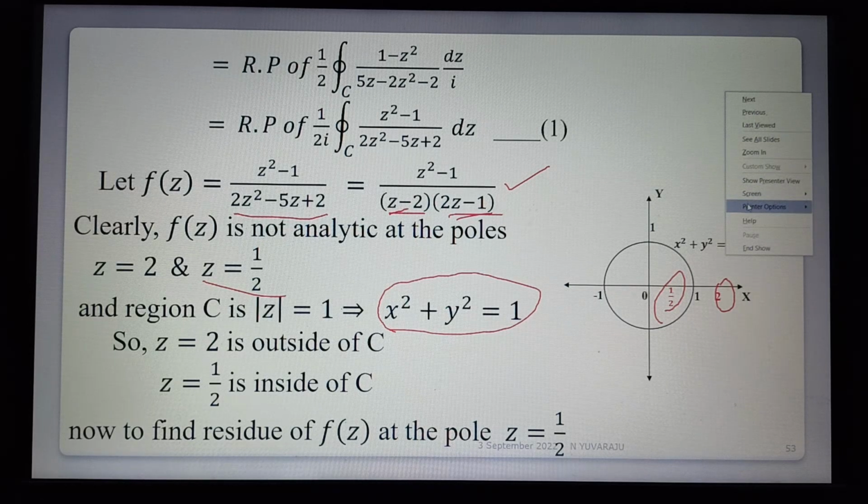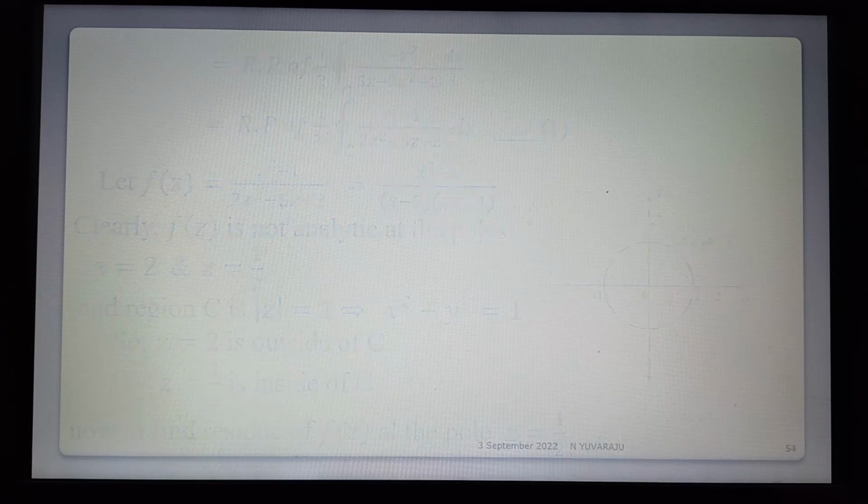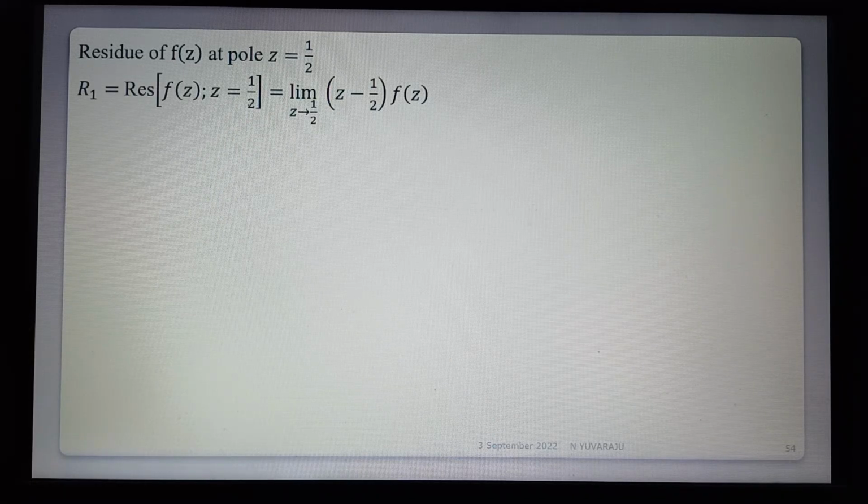Okay, the same procedure. So we'll continue next. So residue of f of z at the pole z is equal to 1/2, the same formula, R1, only single pole z is equal to 1/2. Limit z tends to 1/2 of z minus 1/2 into f of z.